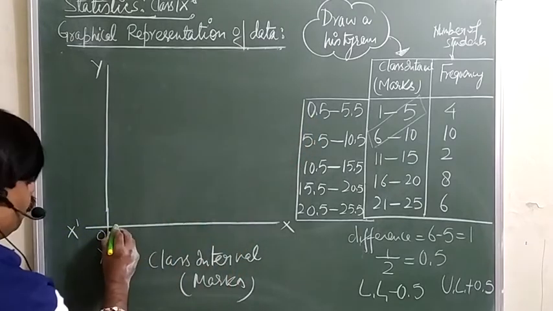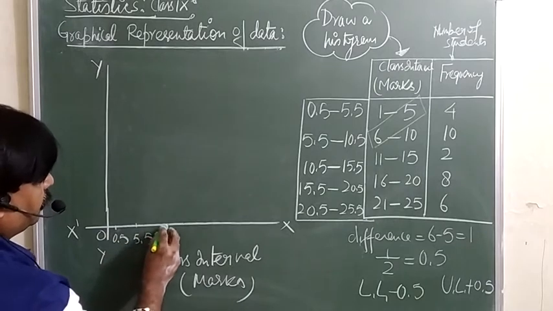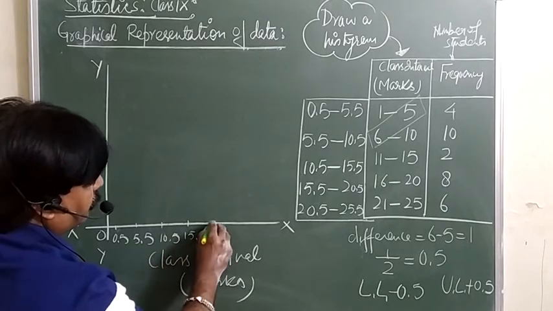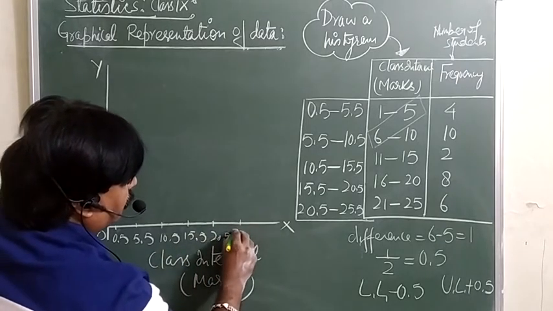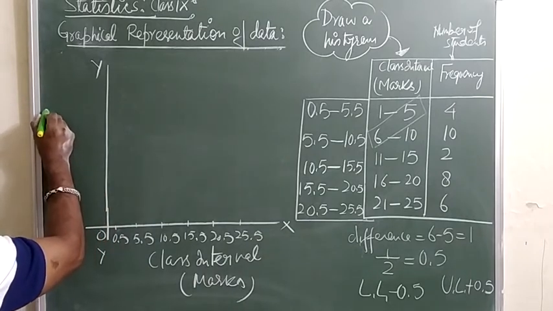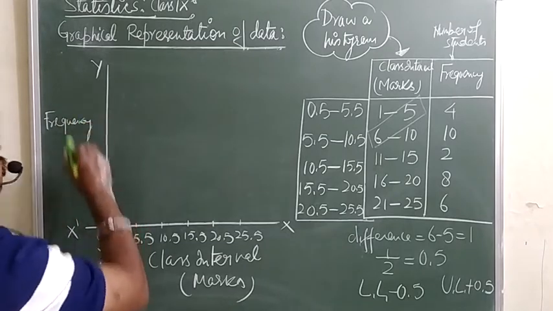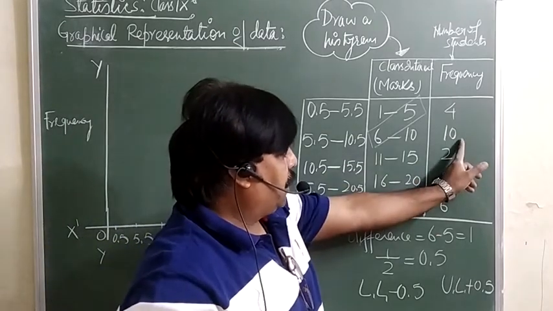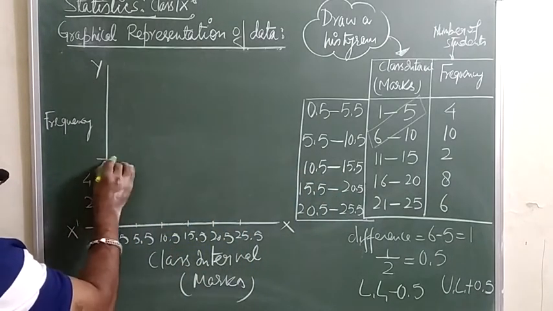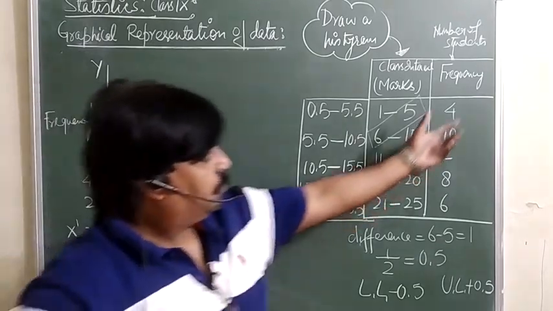So from 0.5 to 5.5, then 10.5, 15.5, 20.5, 25.5. And here you can take the number of children, that is, the frequencies. The greatest number is 10, so up to 10 we will take. You can take 2, 4, it's up to you, but it should cover the frequencies.